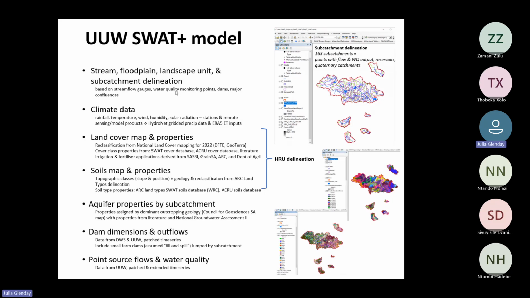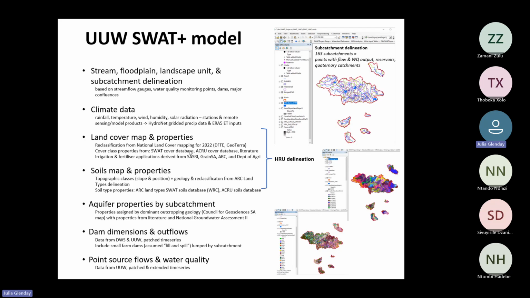It's an overview of where inputs are coming from again. For land cover, the national land cover mapping data set, and then getting cover class properties from the SWAT database as a starting point, and also comparing to some other databases and sources to try and get the management data.